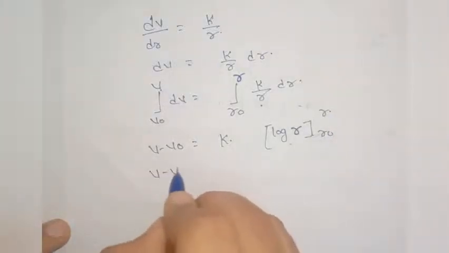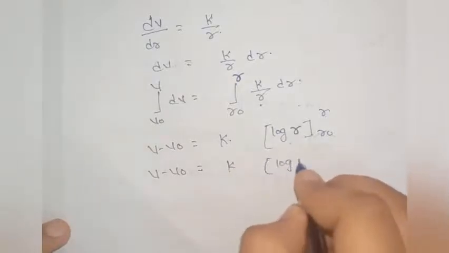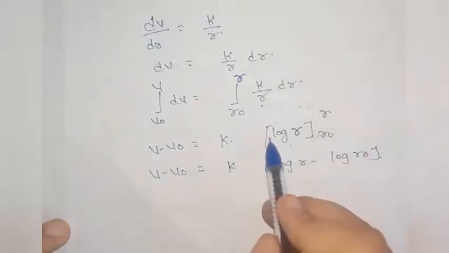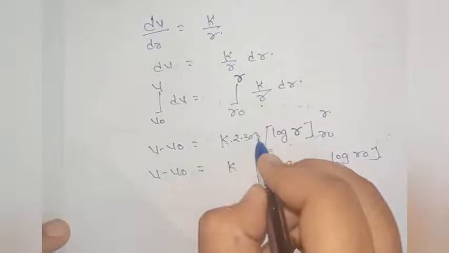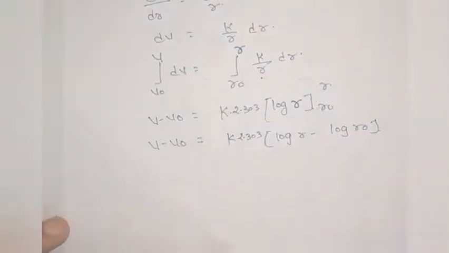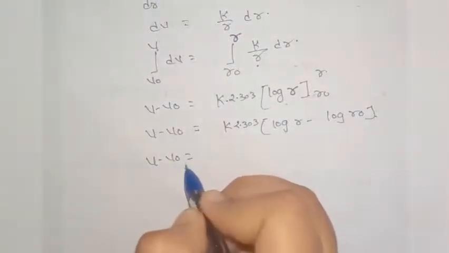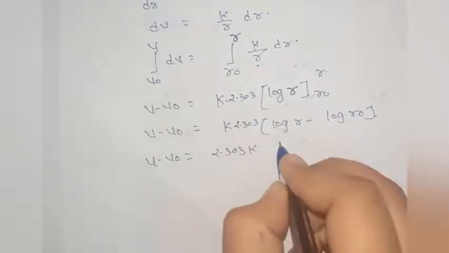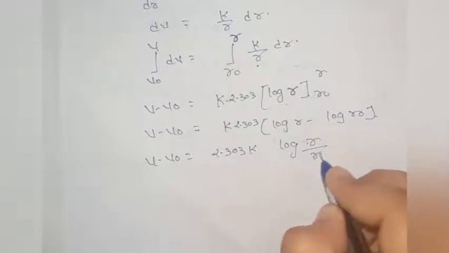So V minus V naught will be equal to k (log r minus log r naught). But in actual it will be ln r. So to convert it into log, we have to multiply it by 2.303. Applying the logarithmic rule, V minus V naught will be equal to 2.303 k log of r divided by r naught.